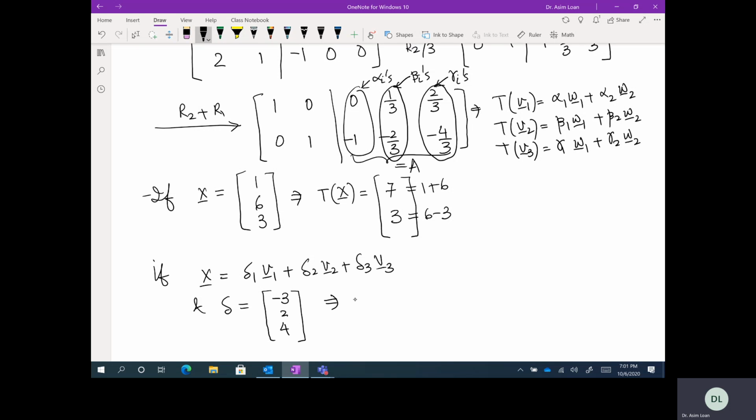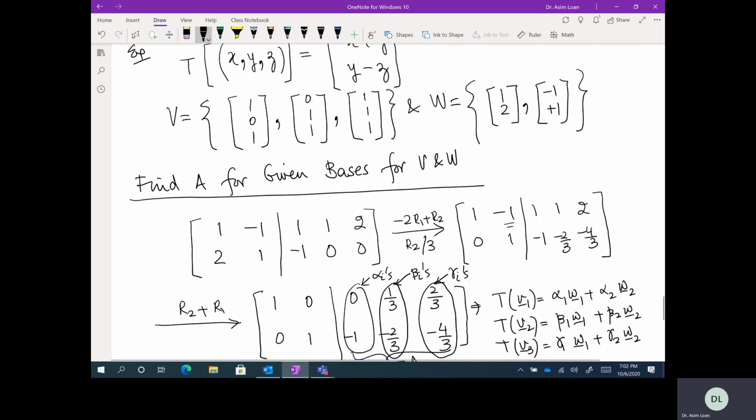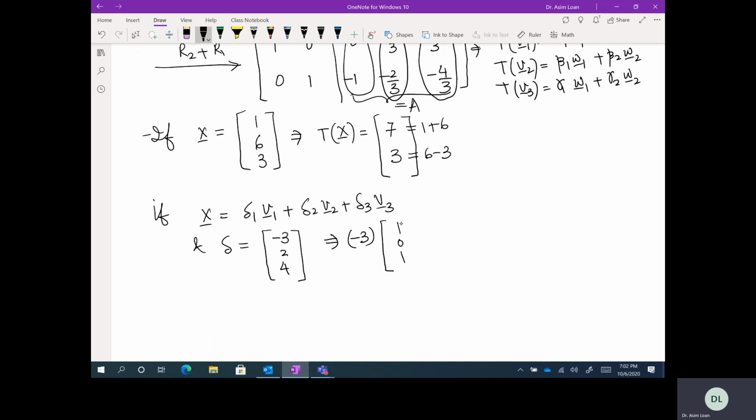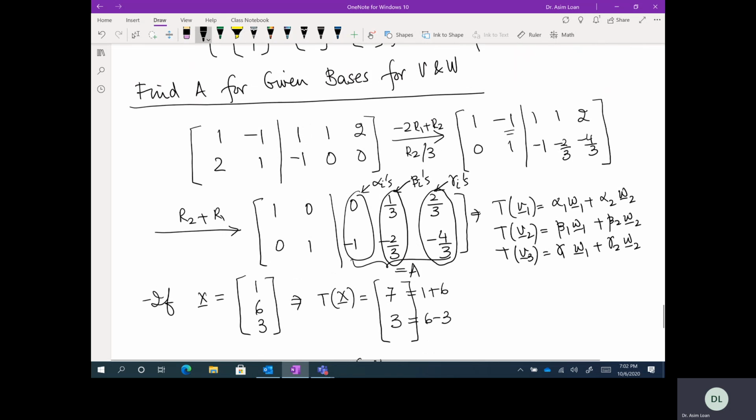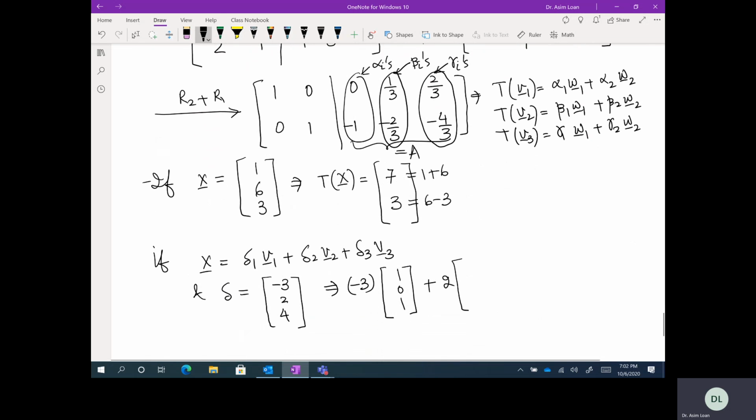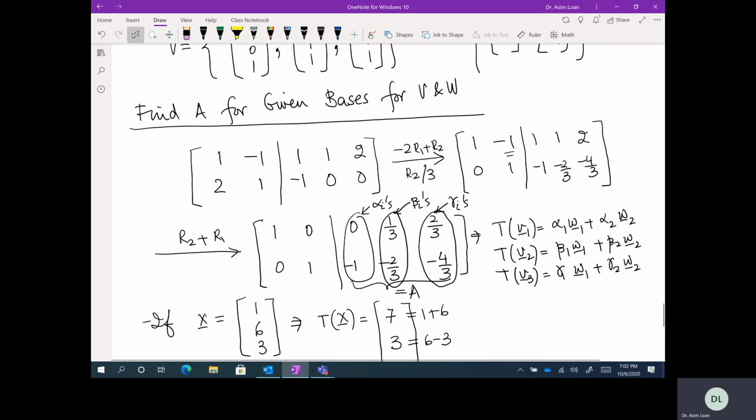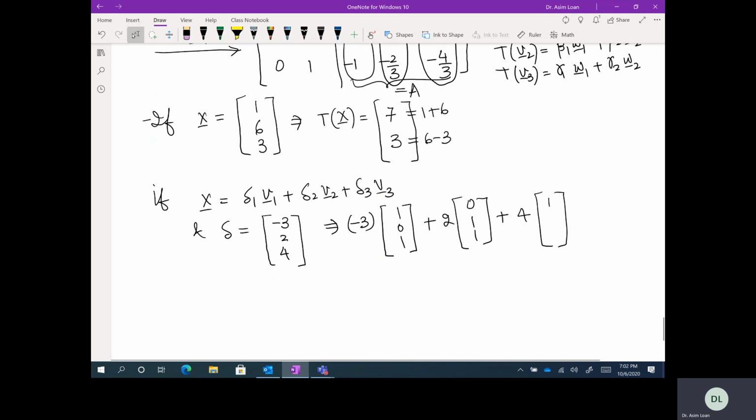This implies minus 3 into v1, and v1 was 1 0 1, plus 2 times v2, which was 0 1 1, and 4 times v3, which was 1 1 1. So we get minus 3 plus 4, which is 1, 0 here, 2 plus 4 is 6, minus 3 plus 2 is minus 1 plus 4, which is 3. So this x is the same as this x.